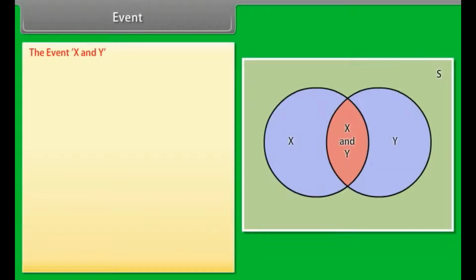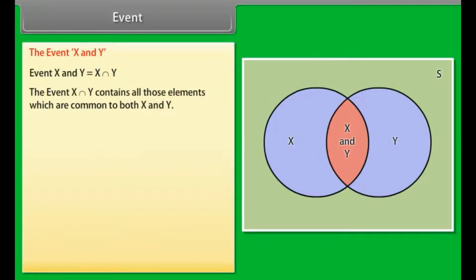The event X and Y is equal to X intersection Y. The event X intersection Y contains all those elements which are common to both X and Y. To understand it, let's take an example. The sample space S of throwing a dice is S is equal to {1, 2, 3, 4, 5, 6}.